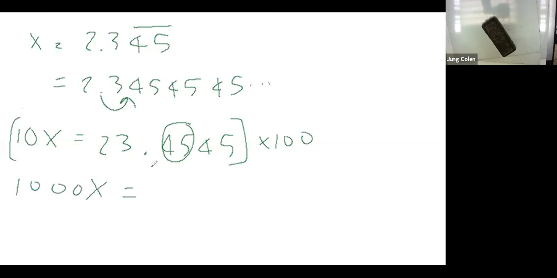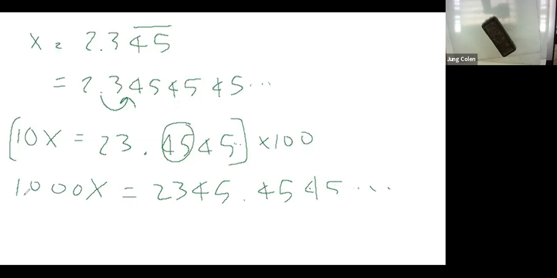And now what happens on the right-hand side? You can move this decimal point by 2 to the right, right? So you have 2,345.45, with 45 repeated. So you have a dot there.